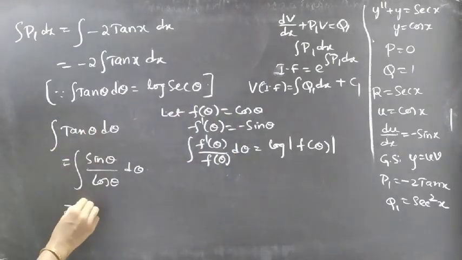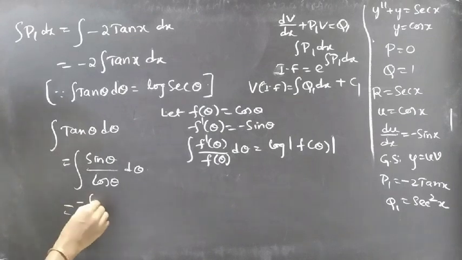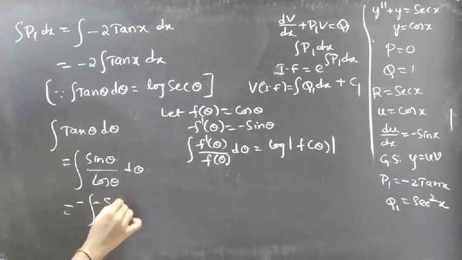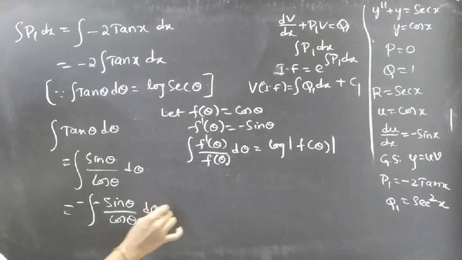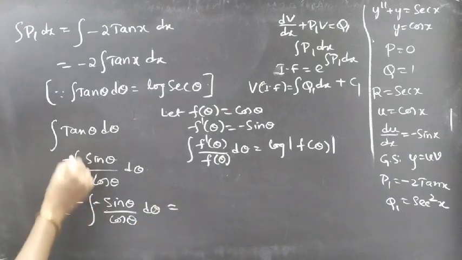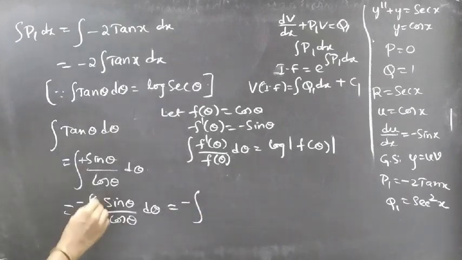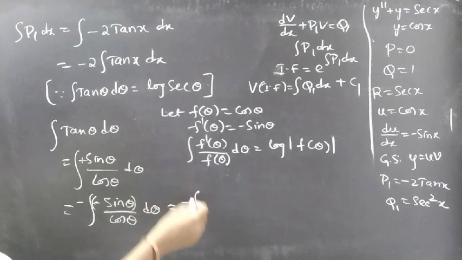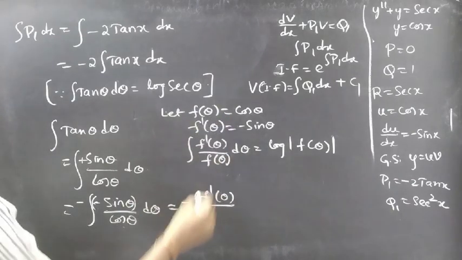So what we'll do is multiply minus into minus, because minus into minus is plus. This equals minus integral of minus sin theta, which is f dash of theta, over cos theta, which is f of theta.